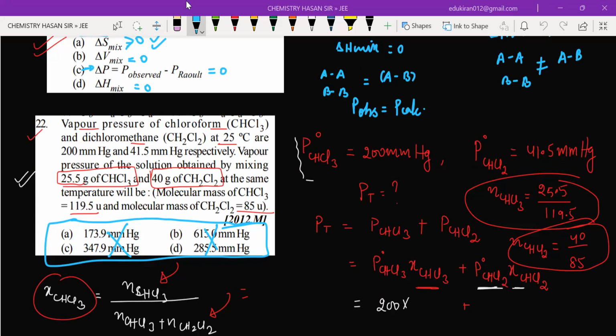Have you calculated the value of PT, the total pressure or pressure of solution, or you have calculated only the first part? You need to calculate this as well as this and then add them both.